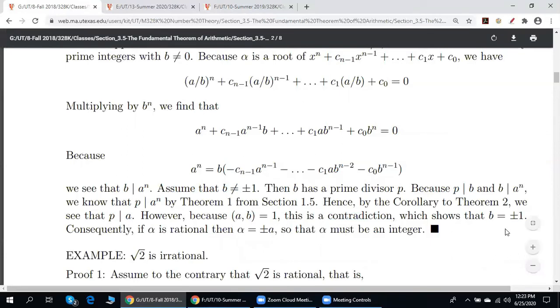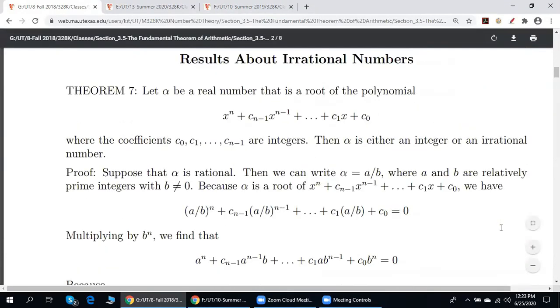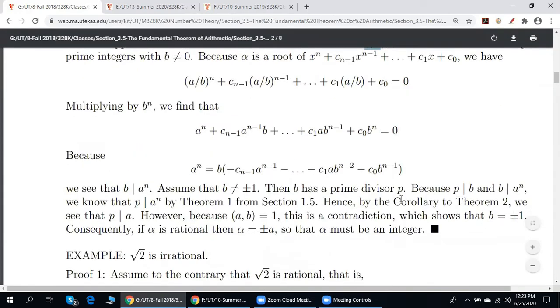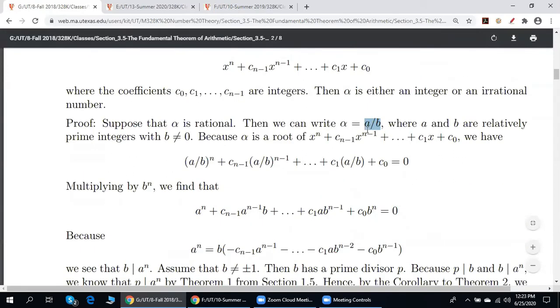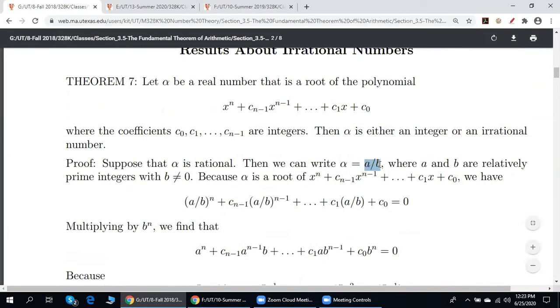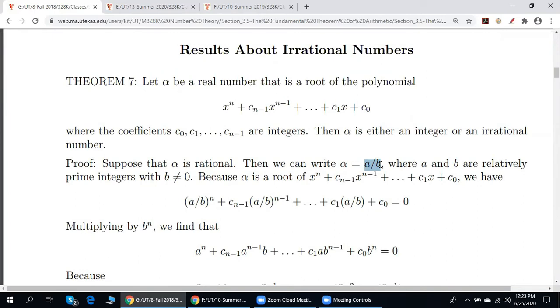And now let us put pieces together. At the very beginning, we assumed that alpha is equal to a divided by b. We concluded that this is possible only if b is equal to plus minus 1. Means a over b is an integer number.